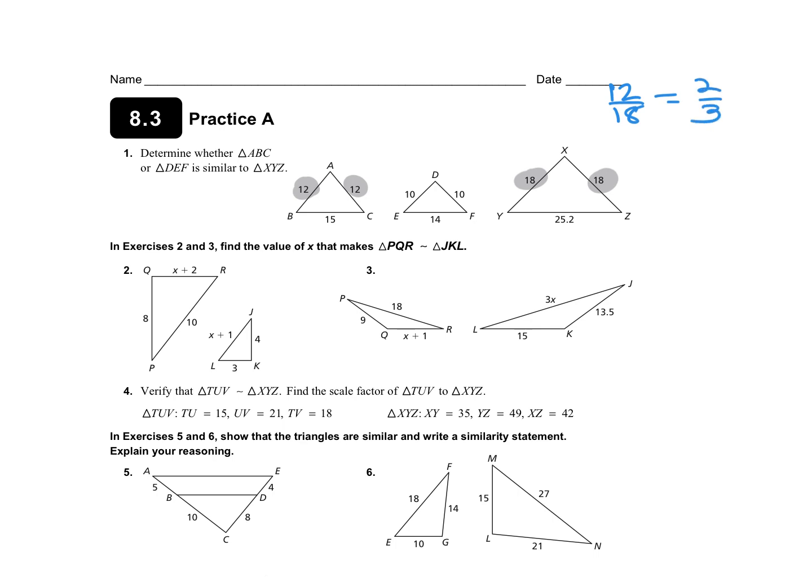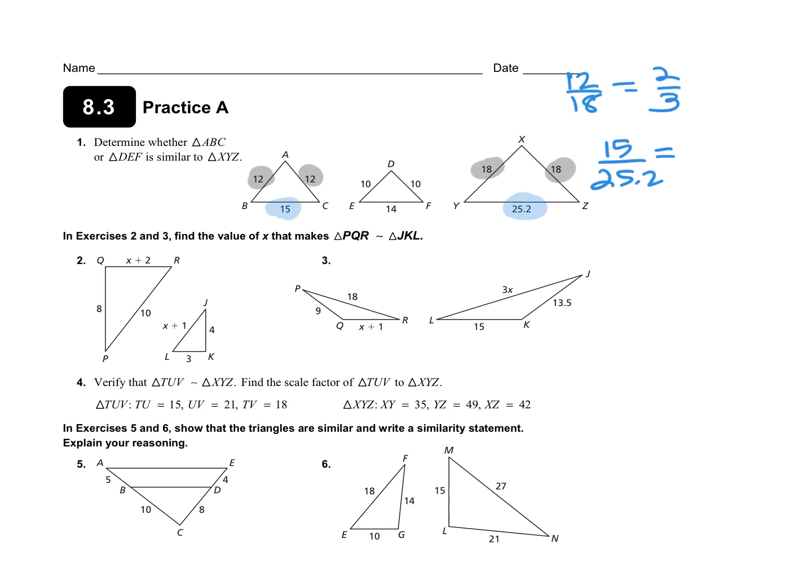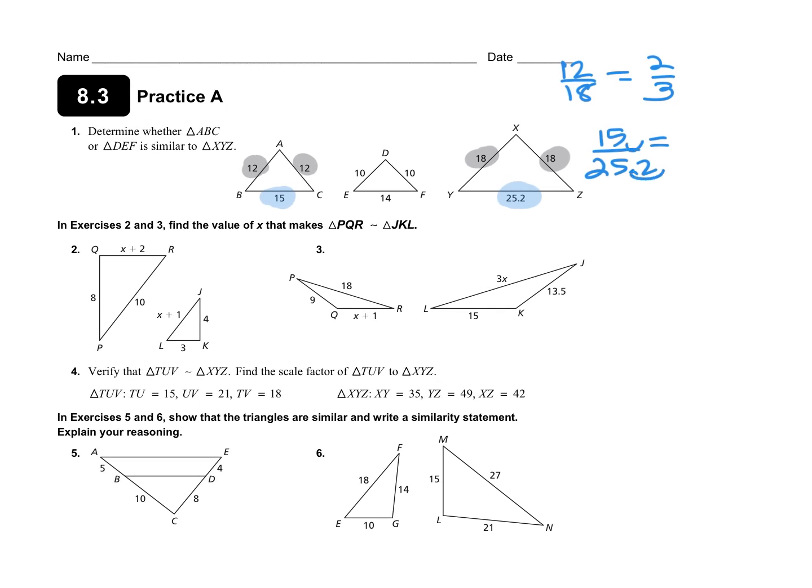Then if I check the 15 with the 25.2, so 15 over 25.2, if I move the decimal point, it's 150 to 252.